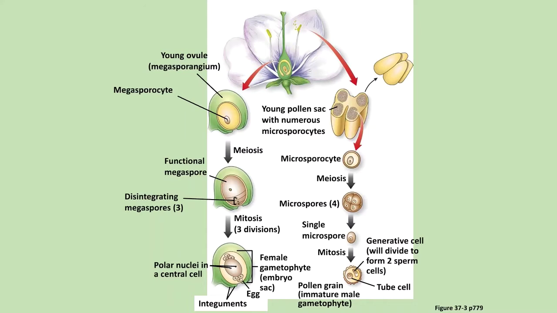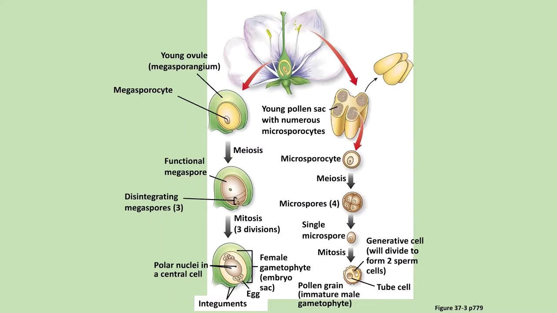So that goes through cell division. So the megaspore, one cell divides into 2. But it says here that 3 divisions occur, so each of those cells end up dividing. And then you can see at the bottom there all of the different cells that are produced from the several mitotic cell divisions that occur.